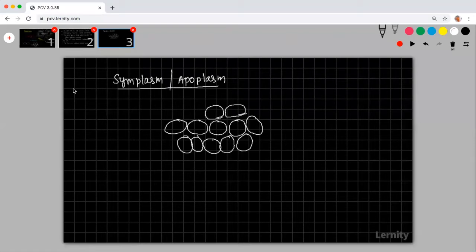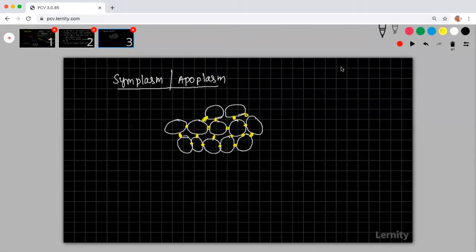Symplasm is there, and apoplastic movement. What you need to understand is, let us say there are some plasmodesmatal connections here, like this.